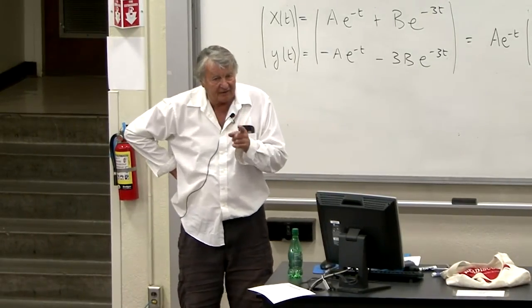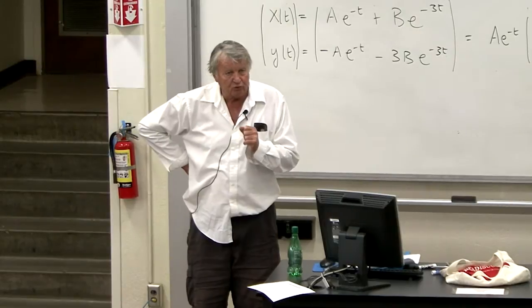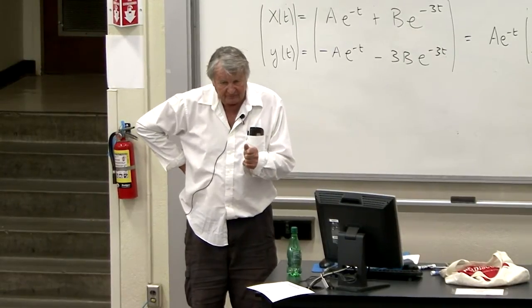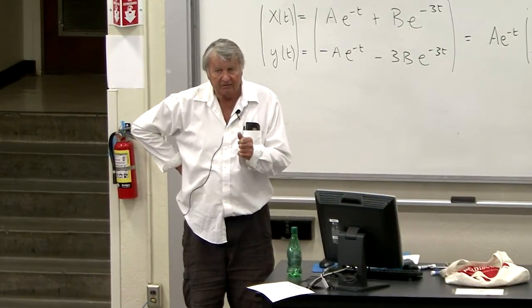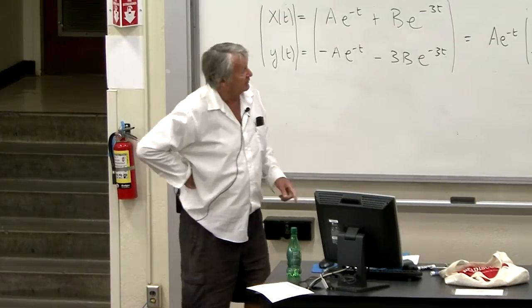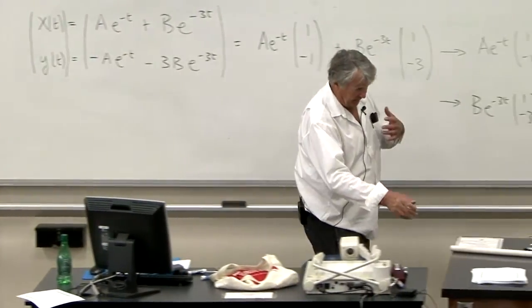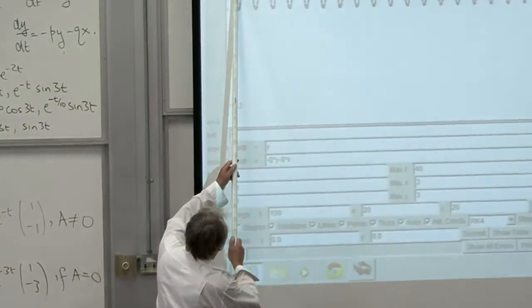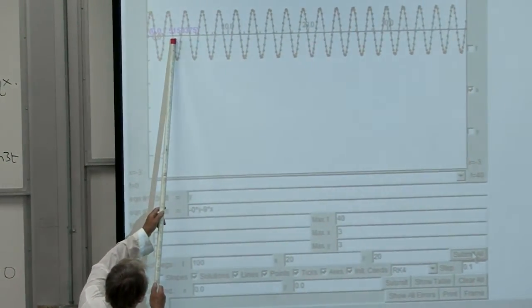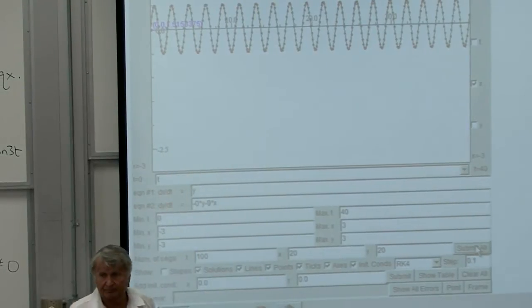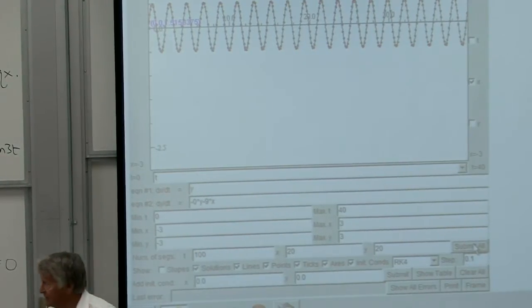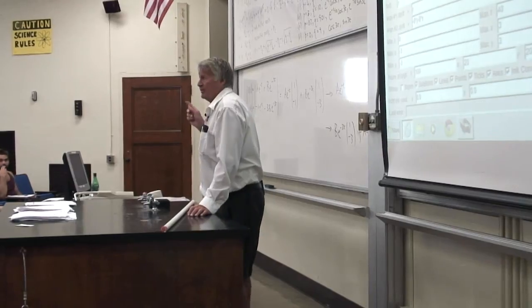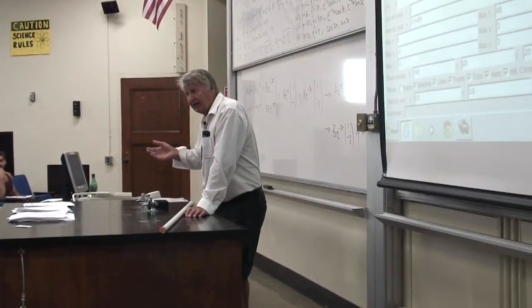It'll react very strongly if you put on a force with the same frequency. By frequency, I'll define it precisely shortly, but I mean just the same distance between the zeros of this function. I mean, this is cos 3t and sine 3t, a combination of cos and sine.